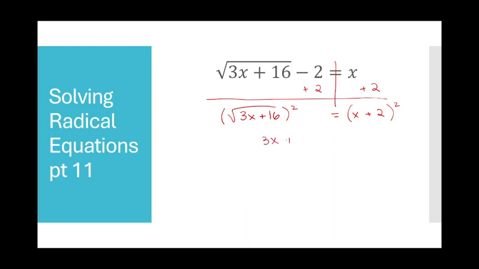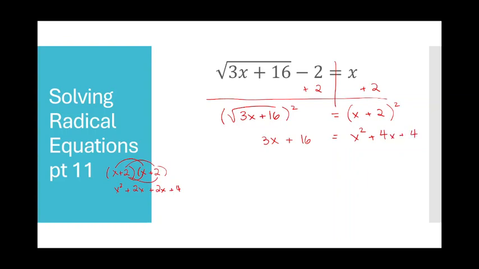So this is turning into just 3x plus 16 because the square and the square root cancel out. But this one is becoming, I'm going to put my little foiling over here, x plus 2 times x plus 2, x squared plus 2x, that's an x, plus another 2x plus 4. So this is going to become x squared plus 4x plus 4.